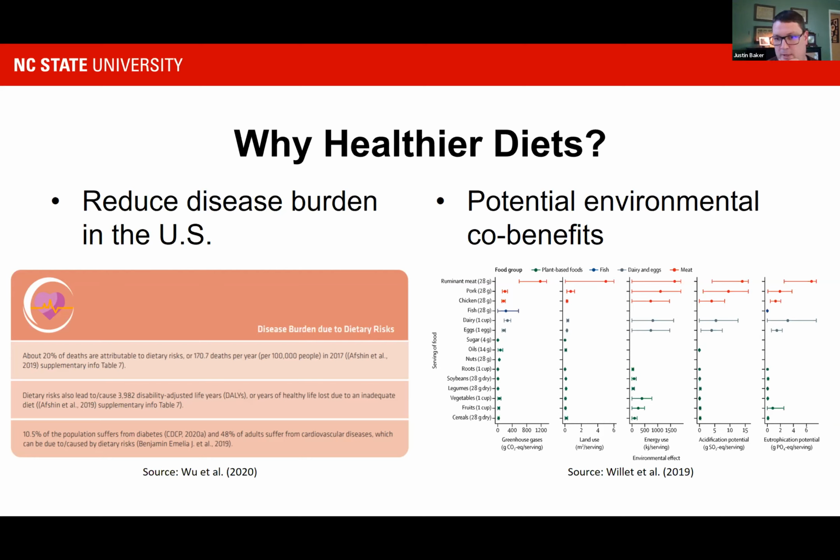You can look at the relative environmental impact in terms of greenhouse gas emissions, the land use required to get to that serving, the energy use required, the acidification potential, and the eutrophication potential due to the nutrients and fertilizer required to get that serving of food. So the point being made in this kind of life cycle approach is that shifting away from a meat-intensive diet would help you reduce the environmental burden of the food system, and hence give you this indirect source of mitigation.